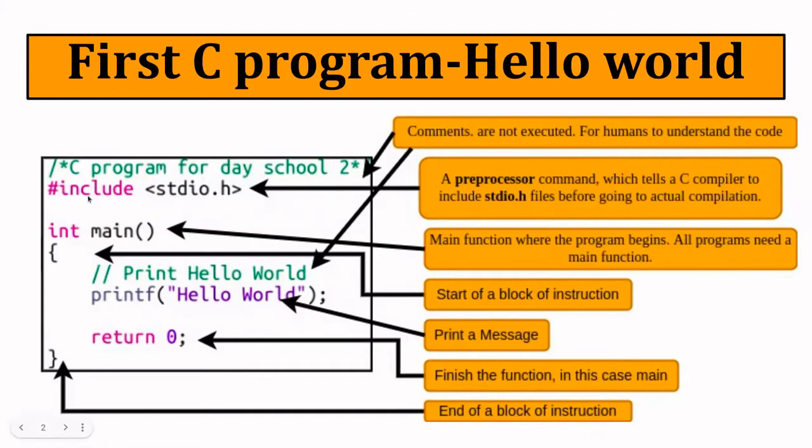These functions are included in this file. This .h means we call it a header file. We have to write header files before starting the main program, by writing this hash sign, include, and this sign, with stdio.h within it.